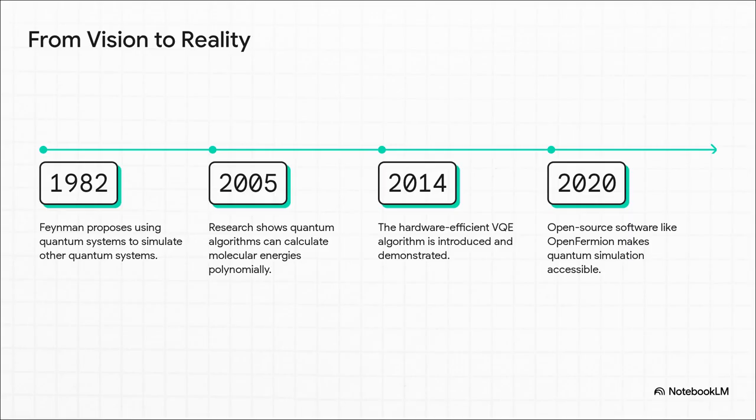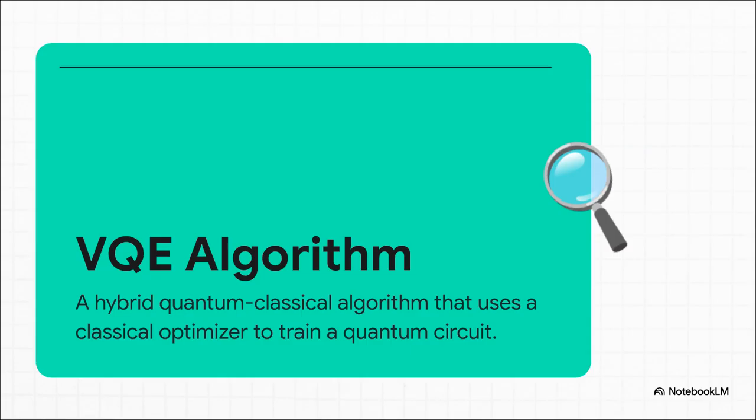Then, in 2014, a real game-changer came along, an algorithm called VQE, which was designed specifically for the early kind of imperfect quantum hardware we have today. And by 2020, the whole toolbox started to open up to everyone, with open-source software making this stuff way more accessible.